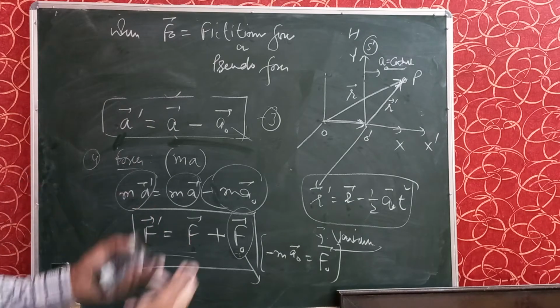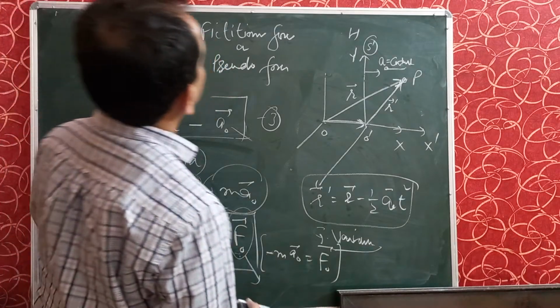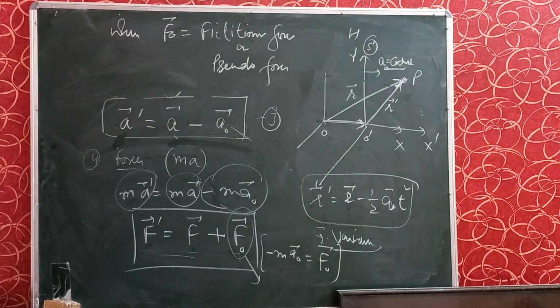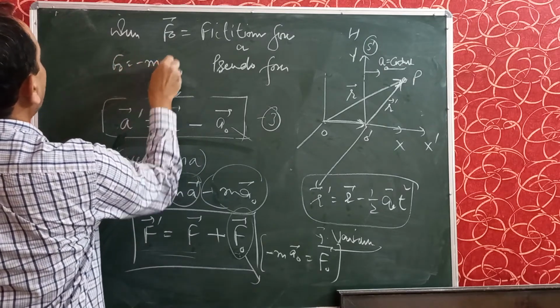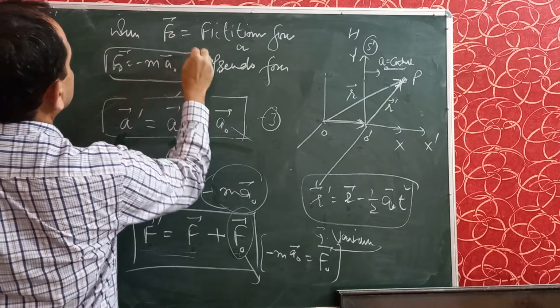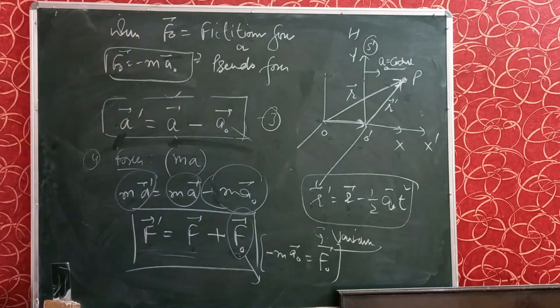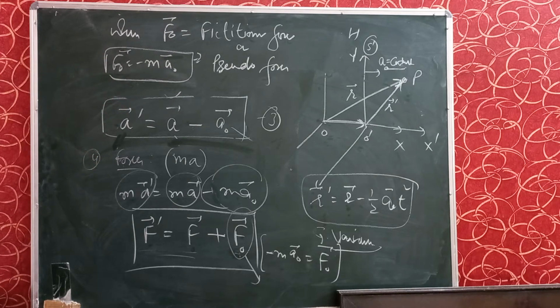The frame is applying some force on the particle in an indirect way. The value of this F naught is minus m a naught. So, this is called fictitious force or pseudo force or arbitrary force. In a non-inertial frame, this new term is introduced, that is the fictitious or pseudo force.